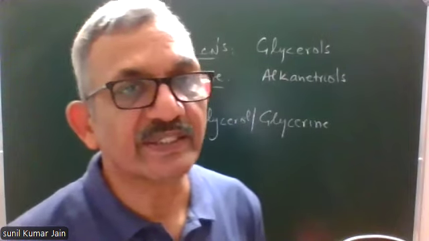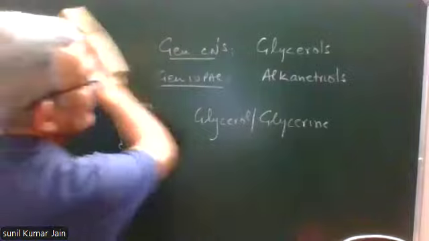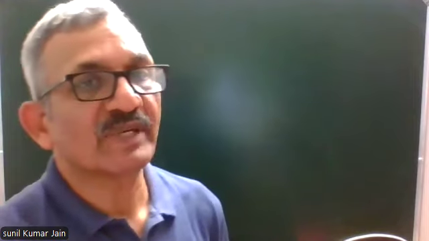Now the last category, part D: phenols. In phenols, there is no general common or general IUPAC name. If there is any common name at all, every compound will have a special common name.